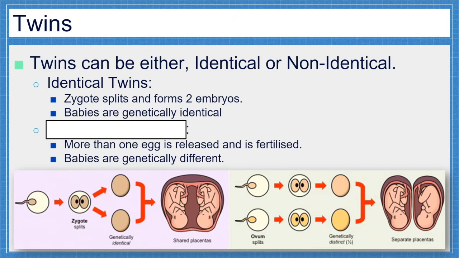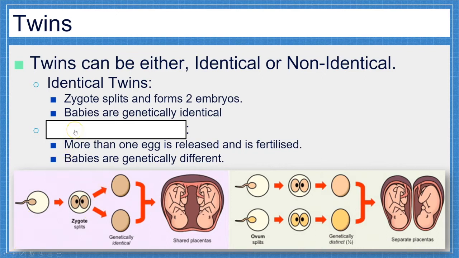And instead of just continuing division and making 1 baby, it resets at one point and suddenly thinks it's actually 2 zygotes, and they each develop independently of each other, forming 2 embryos, and we end up with 2 genetically identical babies because they were formed from the same egg and the same sperm. So that's identical twins.